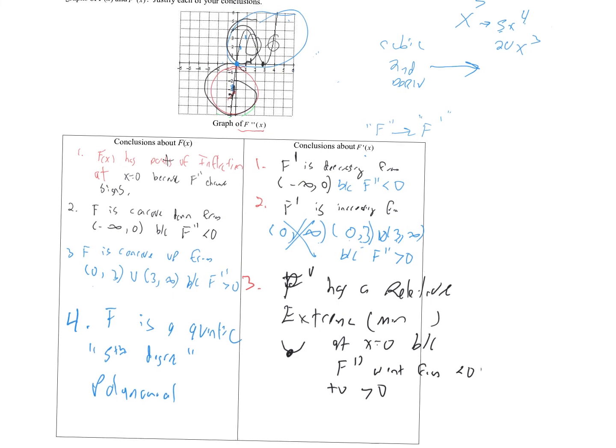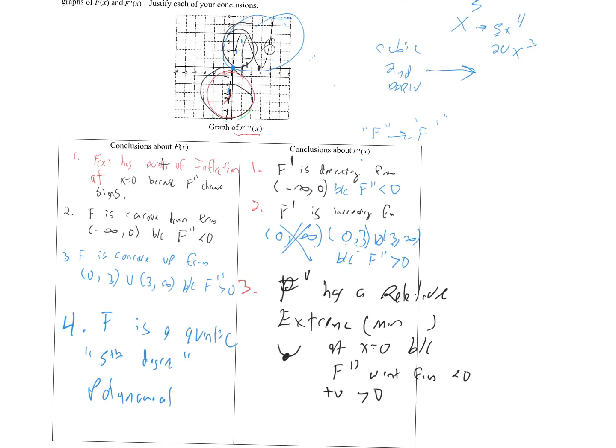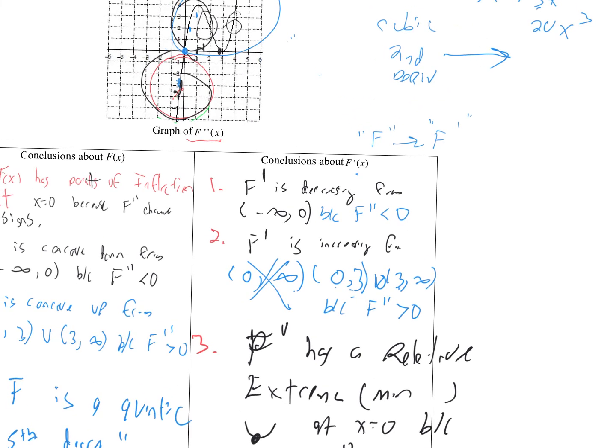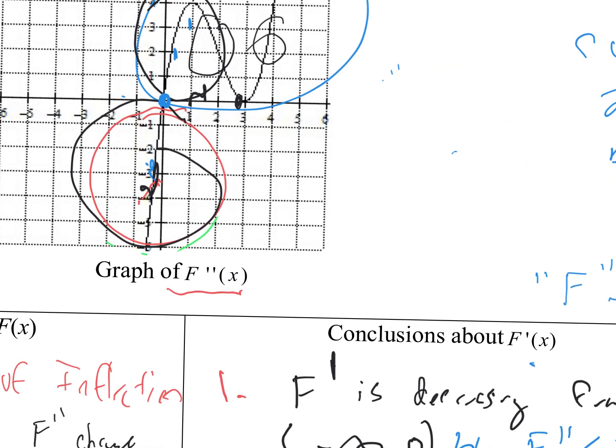What else can I say? I can say number 4. I can say that the first derivative is concave up from negative infinity to, where is it at? No, to positive 1.